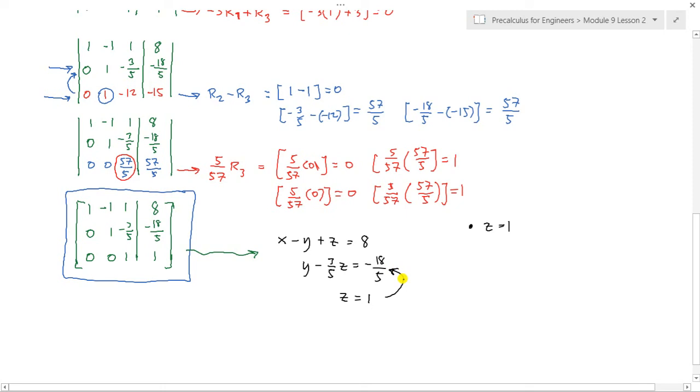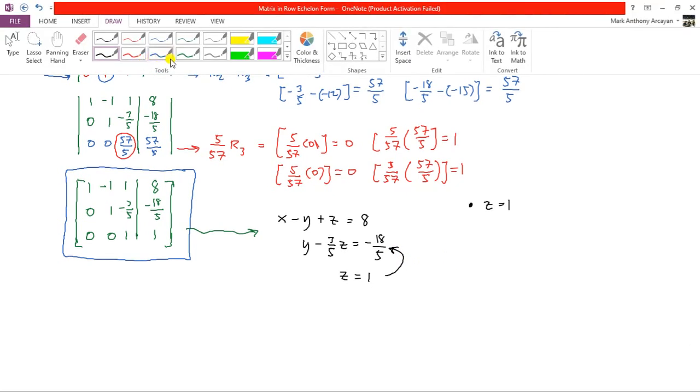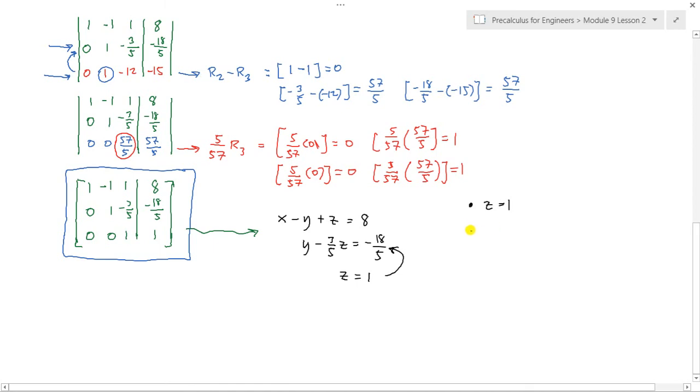Back substitution na pod. So, for y, y minus 3 over 5z is equal to -18 over 5. Since z is equal to 1, so that is y minus 3/5, 1 man siya, is equal to -18 over 5.